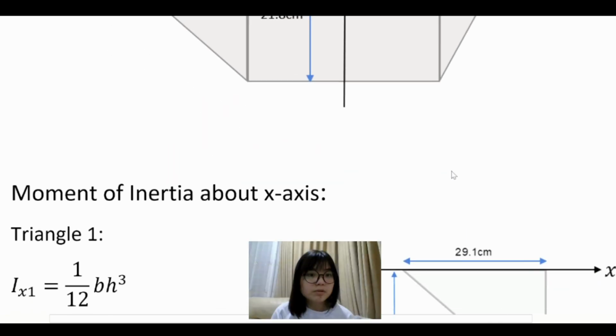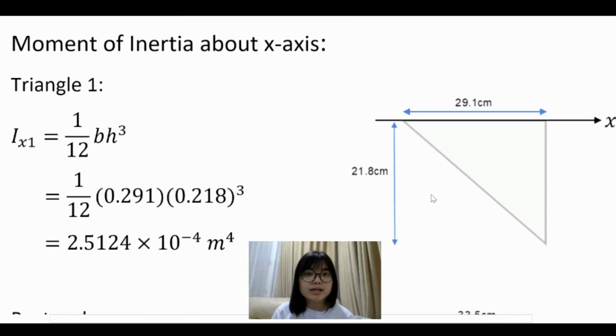To calculate the moment of inertia with respect to x for triangle 1, we use this formula, 1 over 12 bh cubed. With the dimensions of 29.1 cm and 21.8 cm here, we substitute in the values and we get this answer.